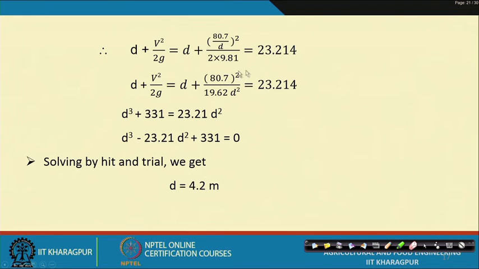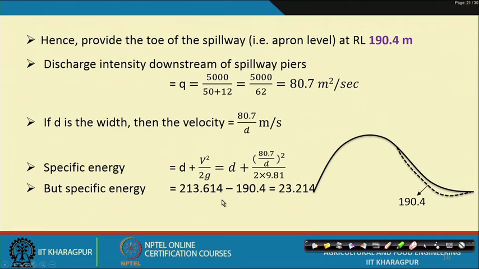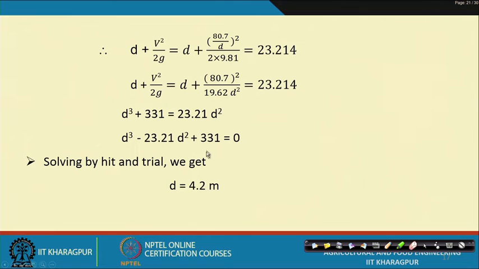We plug everything into the equation of the specific energy. We have the specific energy given as 23.21, and the specific energy using the equation here. So, we can calculate d here.